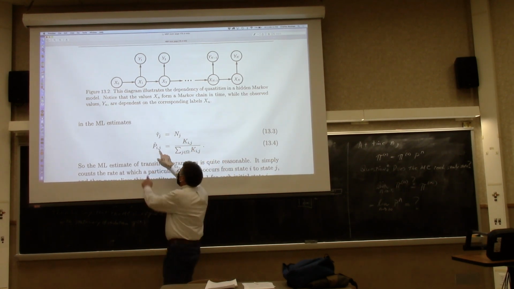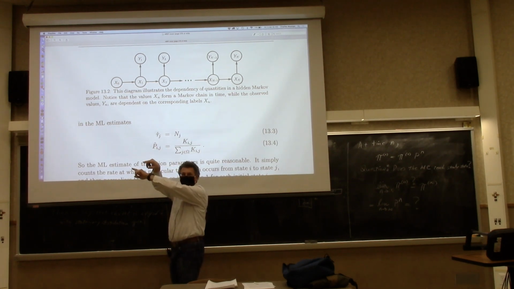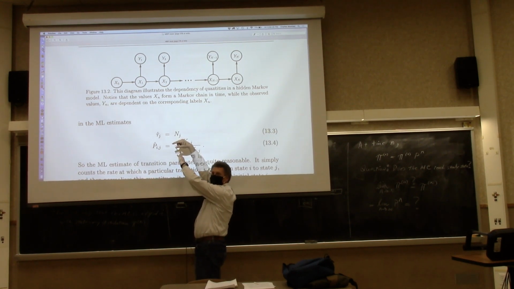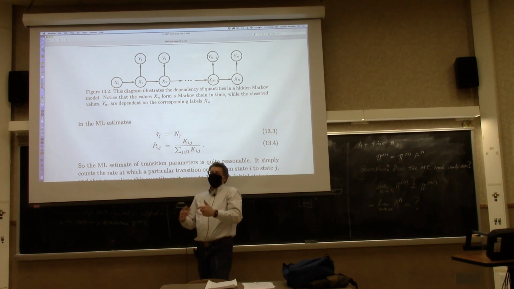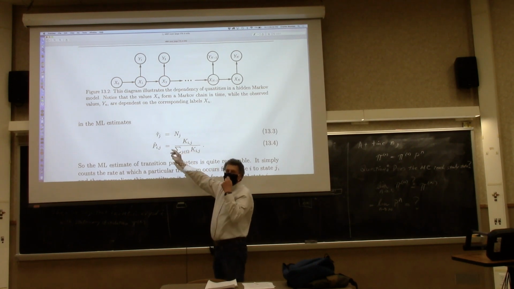Because remember, in P_ij, the sum over j has to be 1. So P_ij can't equal K_ij; you have to normalize it first in order for it to be equal. But otherwise, it's just like counting the number of people who like vanilla ice cream, only it's on pairs. So that's the maximum likelihood estimate.